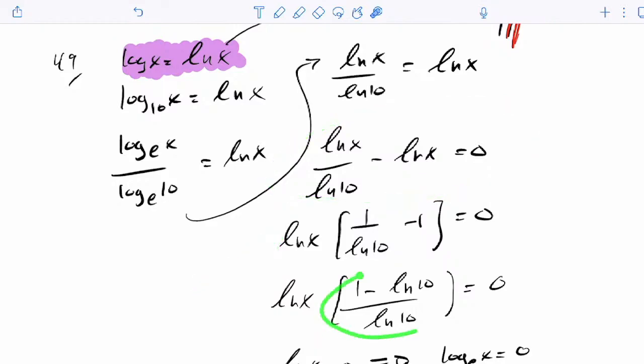The only way this can be 0 is if ln of x is 0. This other factor, 1 minus ln of 10 over ln of 10, is just some number. It's just a constant term, right? There's no variable attached there. So the only way for that to work was ln of x had to be 0.